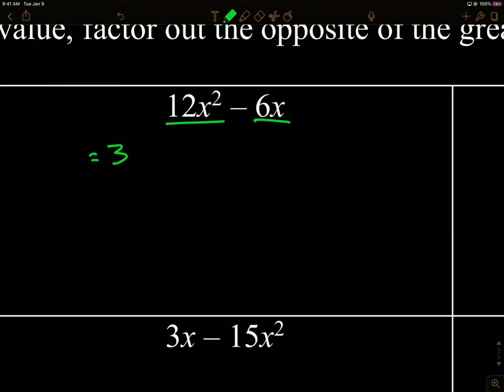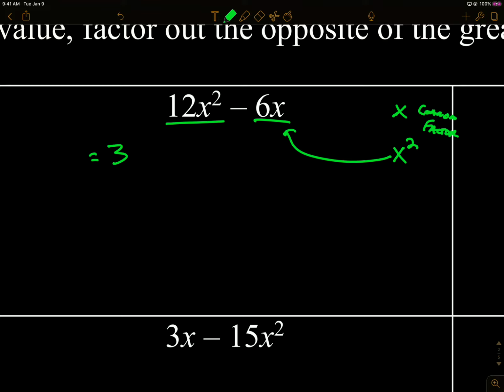And then between x squared and x, well, the factor of x and x squared is x. That is what they have in common, and that's the only one. I can divide x into x squared because there's 2 of them for me to divide one out. And I can divide x into x because there's 1 to divide out. I cannot divide 2 x's out of that one.